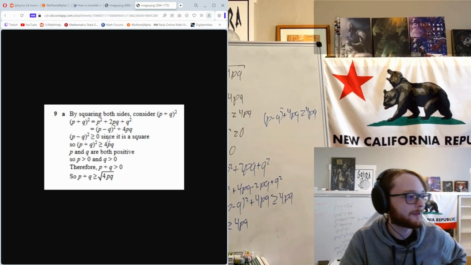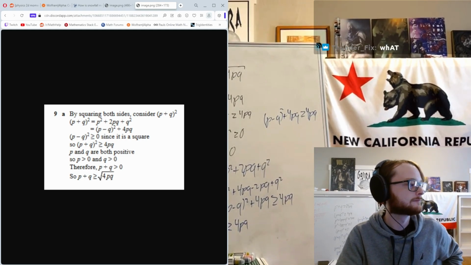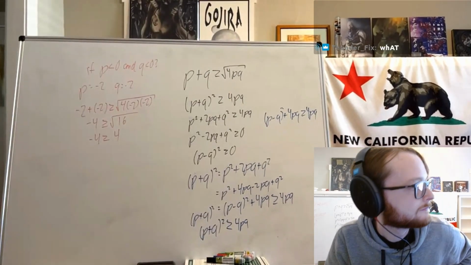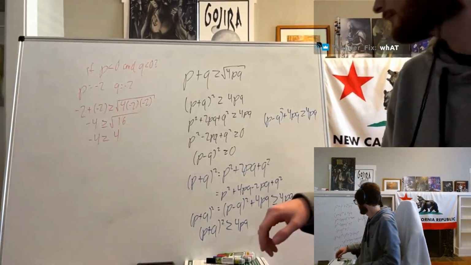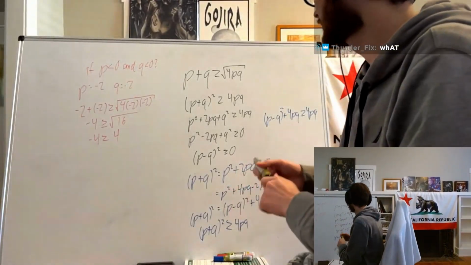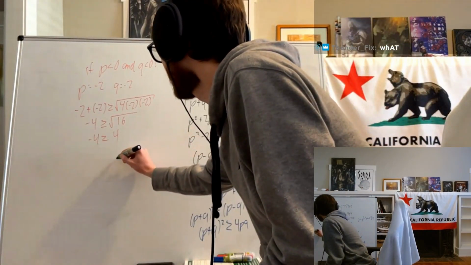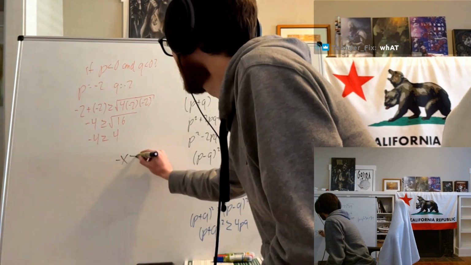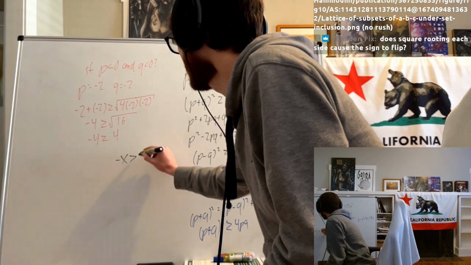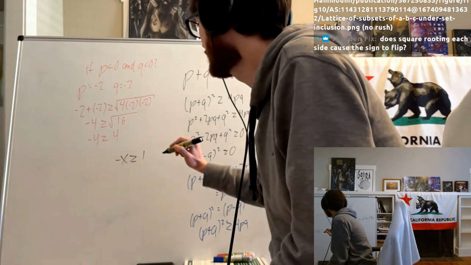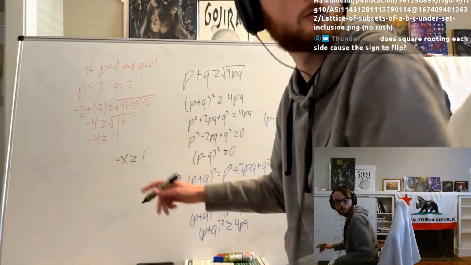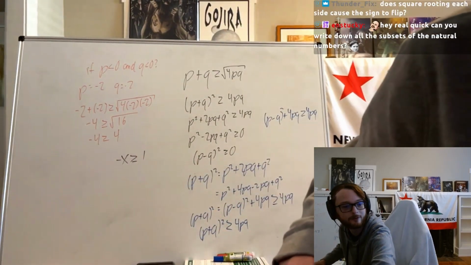To show a simpler case, if you have negative x is greater than or equal to 1, you might solve that for x by multiplying both sides by -1.